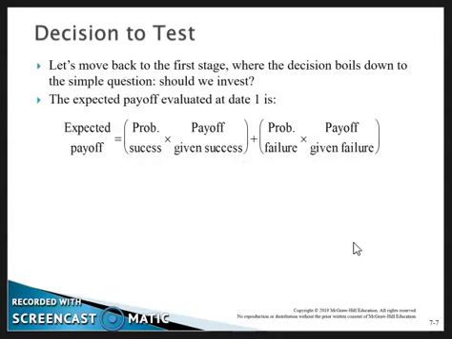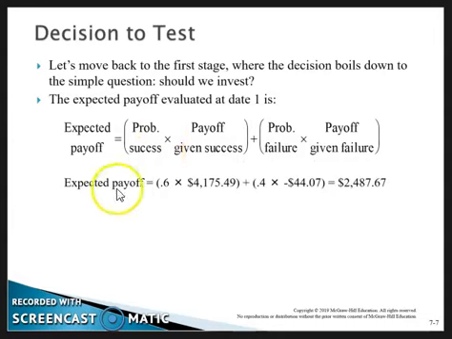They assign a 60% probability to success, which has a value of $4.1 billion, and a 0.4 probability of a $44 million loss, which equates to an expected payoff of $2.487 billion.